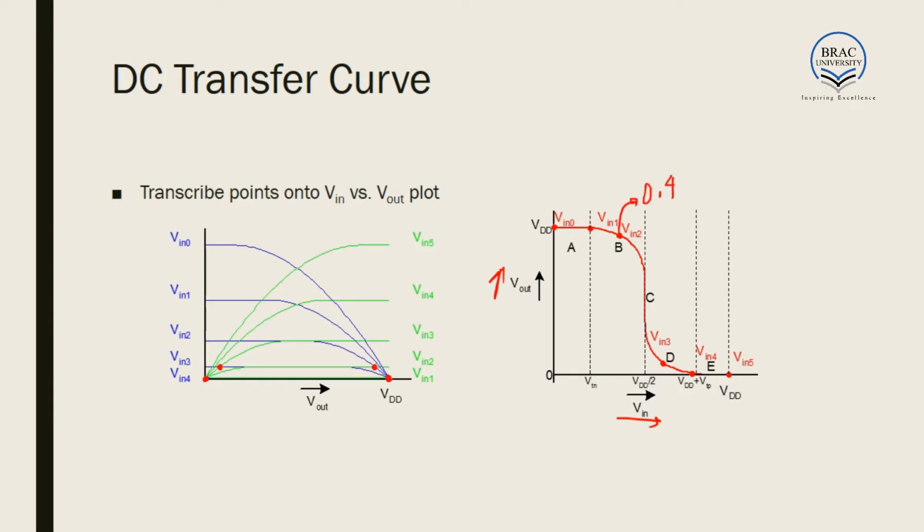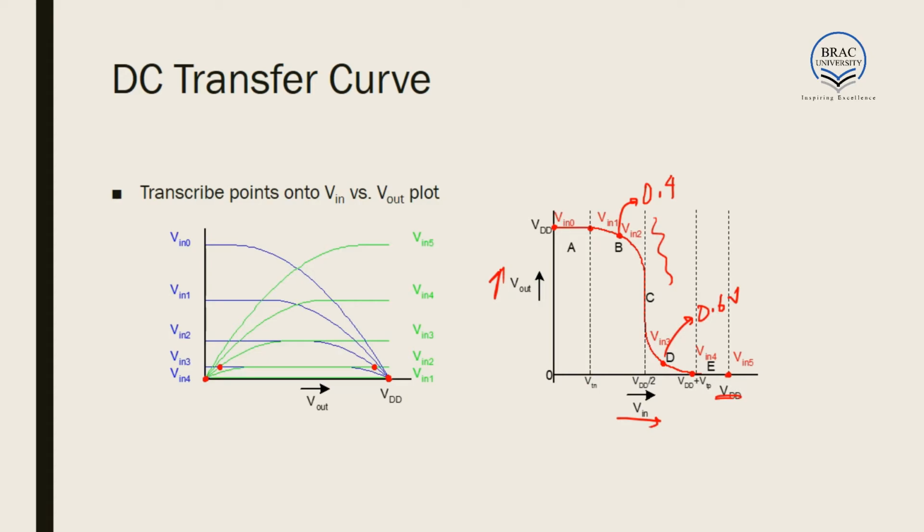Let us say this is for 0.4 volts of Vin, and this was for 0.6 volts. When suddenly there was a transition, and after that point, if we started increasing the Vin, the Vout gradually decreases, and Vout gradually decreases to 0 when Vin was equal to VDD.